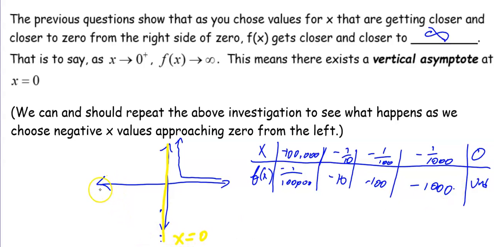And what you see going on is, we're going to get very close to the y-axis, but we're never, ever going to touch it, because x equals 0 is a vertical asymptote. I'm getting very close to this vertical line, but I'm not touching it. The x-axis, y equals 0, is my horizontal asymptote. I'm going to get very close and not touch that one either. That's what asymptotes are.